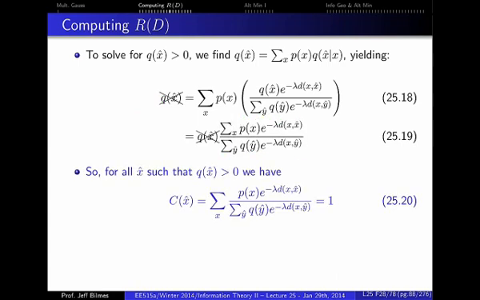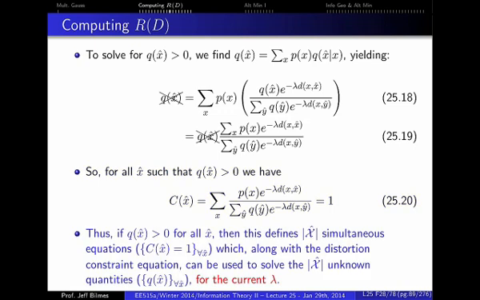And here we go. Now for each x hat, the reason q of x hat has to be greater than 0 is that we can't divide by them if they're 0, right? As long as they're greater than 0, then we can divide by them. And the other thing is we've got these additional constraints.